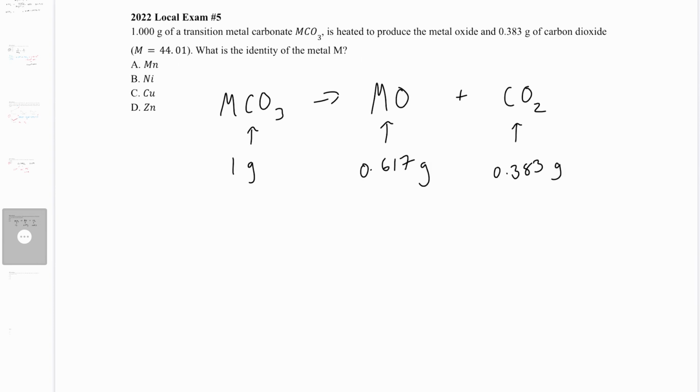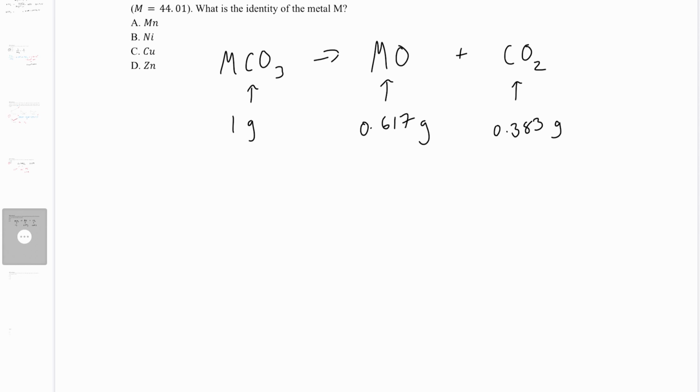All right, so how do we use this information? We can find out how many moles of carbon dioxide are being produced. And since the metal oxide and carbon dioxide are in a 1-to-1 ratio, for every 1 mole of carbon dioxide that you form, you're also going to form 1 mole of your metal oxide. So how many moles of carbon dioxide are we forming here? We have 0.383 grams of carbon dioxide, and it has a molar mass of 44 grams per mole.